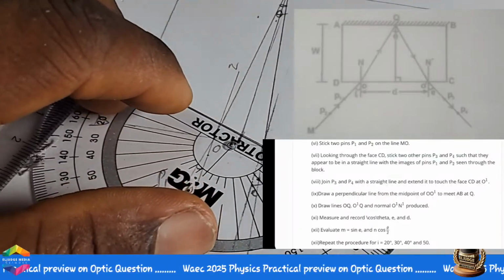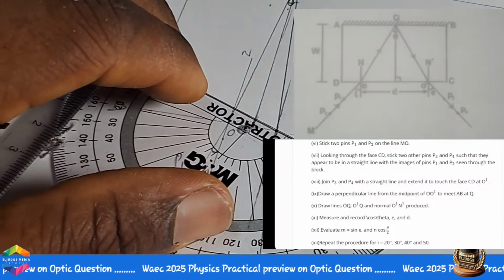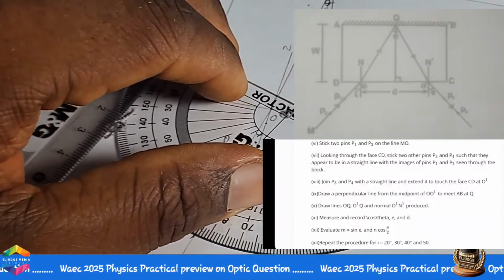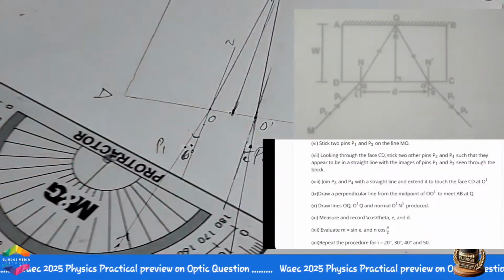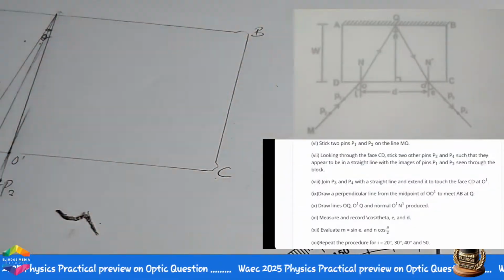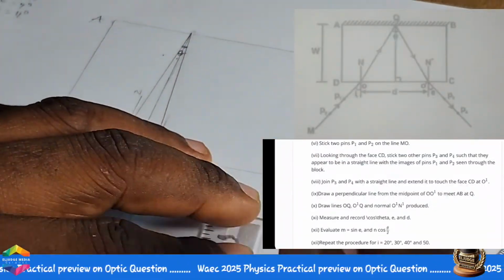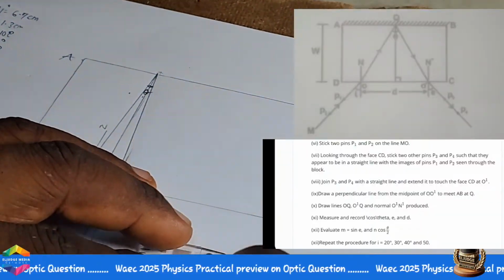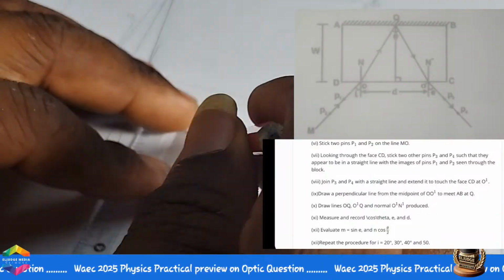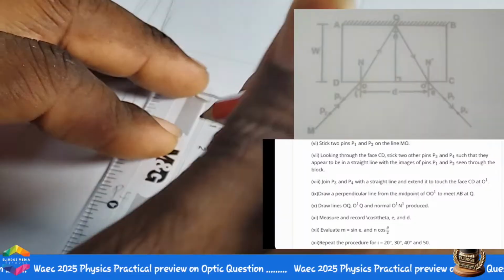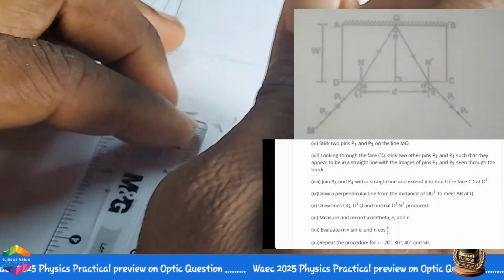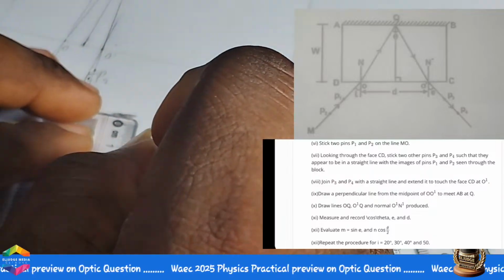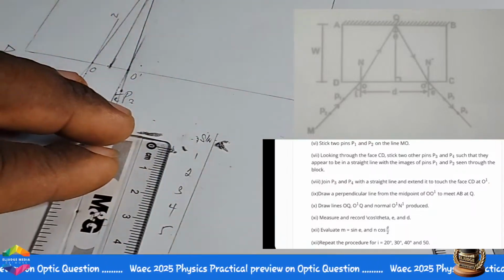And draw lines OQ. I think we have done this. Measure and record cos theta. So to get the table of values, you might need to draw something of this sort. Let's say serial number here, second iteration, fourth iteration, fifth iteration.